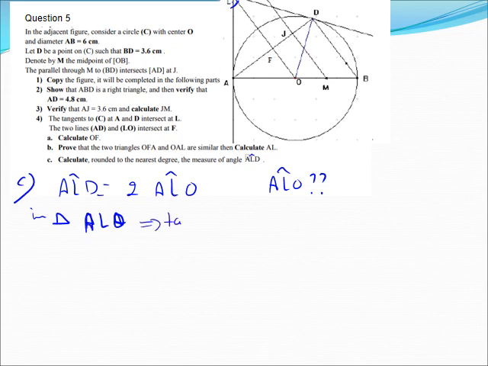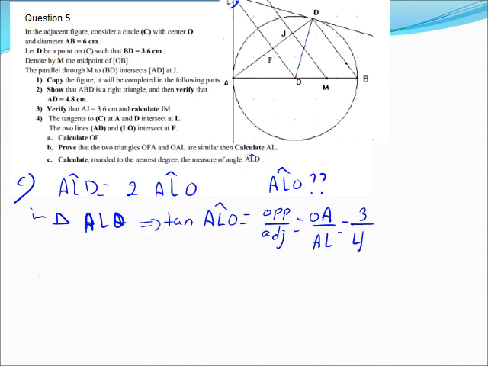Tangent of ALO is opposite over adjacent, OA over AL, equals 3 over 4.